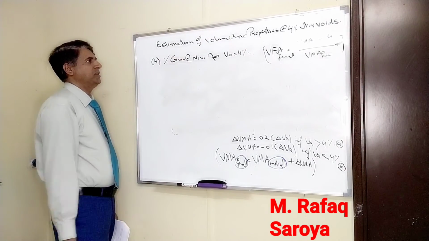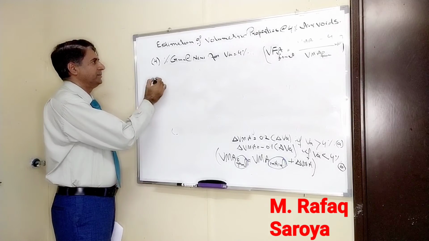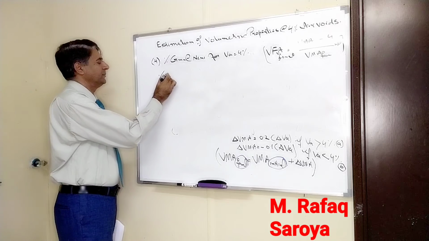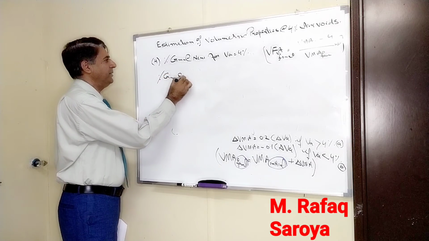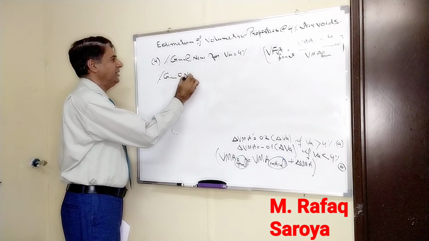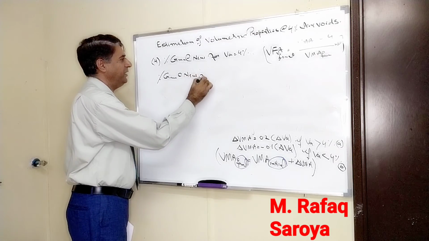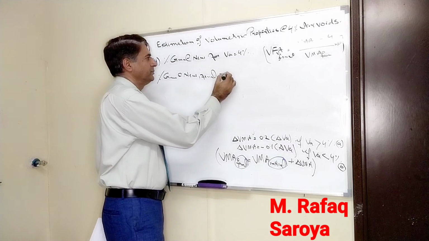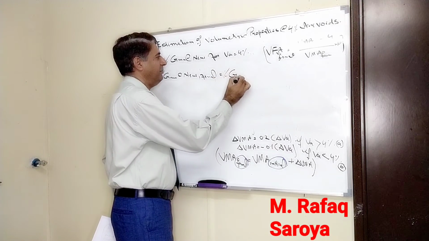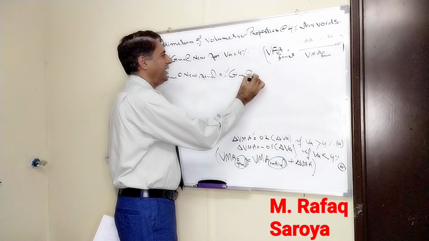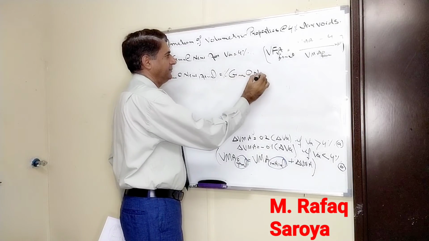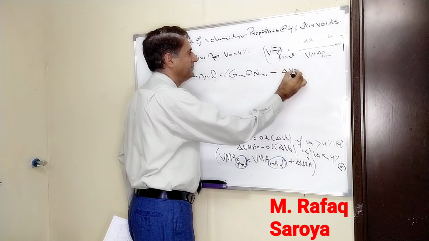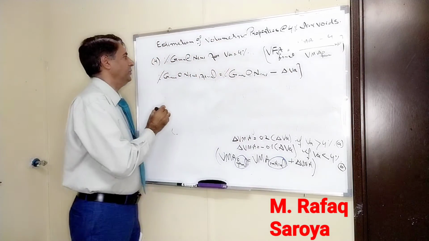We have to write down this equation. GMM at N initial final would be equal to percentage GMM at N initial minus delta VA. This is the value.